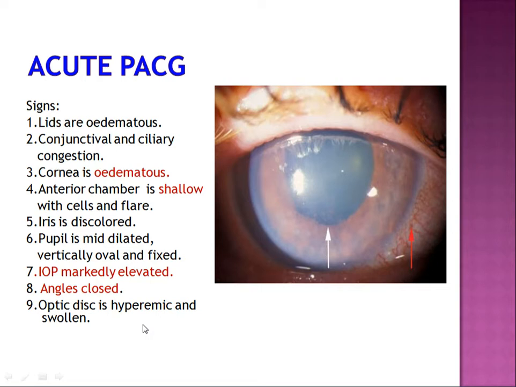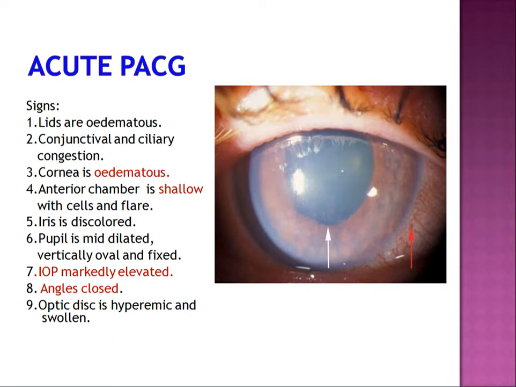Now our main purpose is, this is a vision or sight-threatening condition if you do not reduce the pressure, because a sudden onset increase of intraocular pressure from 40 to 50 can cause pressure on the optic nerve, and it can cause optic atrophy. So you have to basically prevent this from happening.